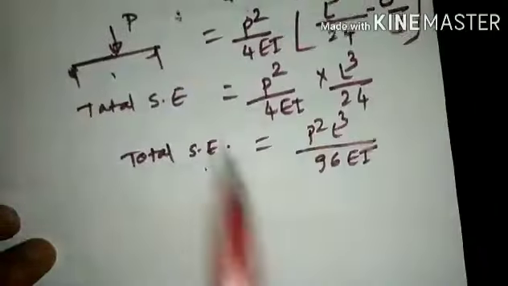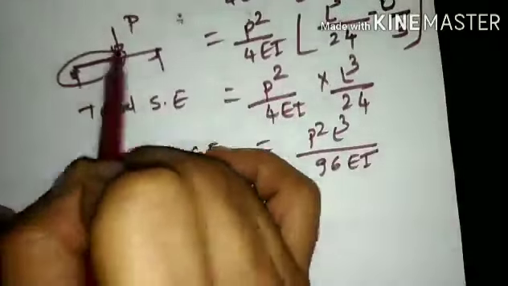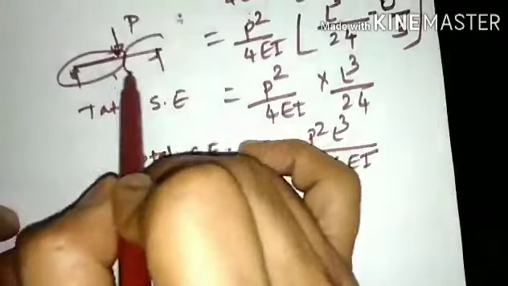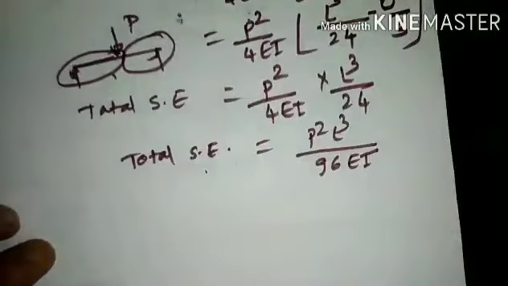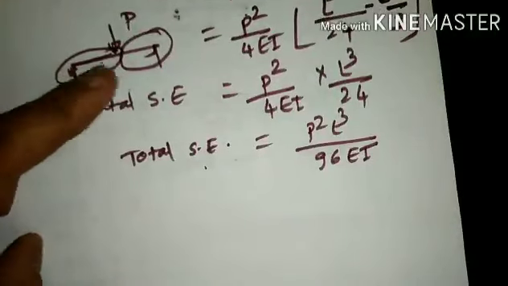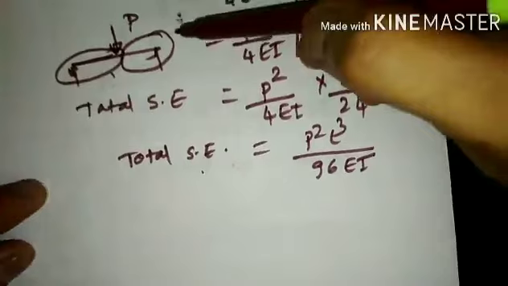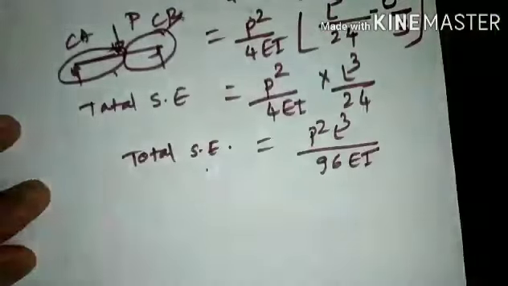As a result, a strain energy is created on the left hand side, and similarly on the right hand side. Strain means a form of deformation created on the left hand side and also observed on the right hand side. The strain observed on the left hand side will be called CA, and the strain on the right hand side will be called CB.